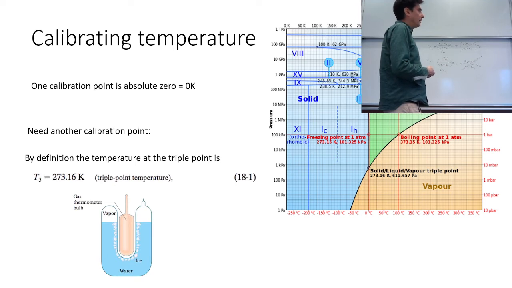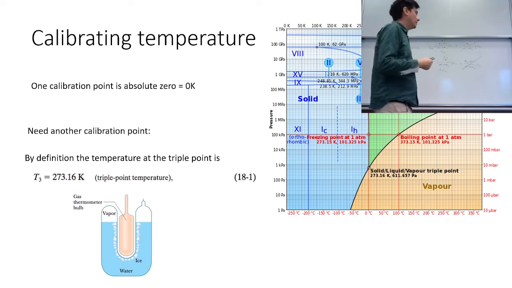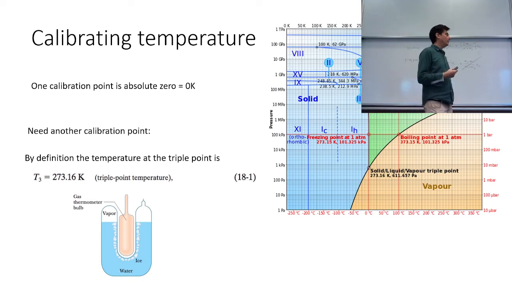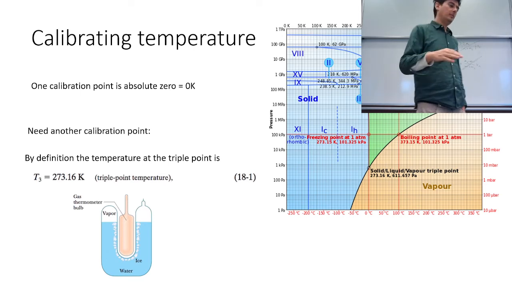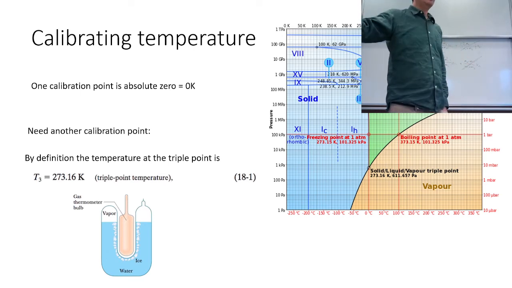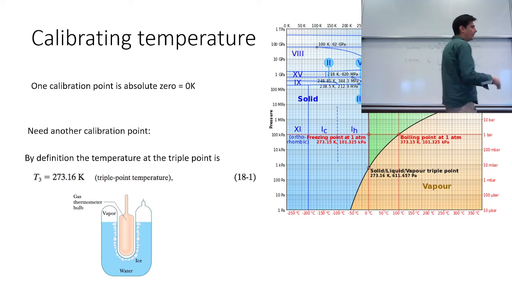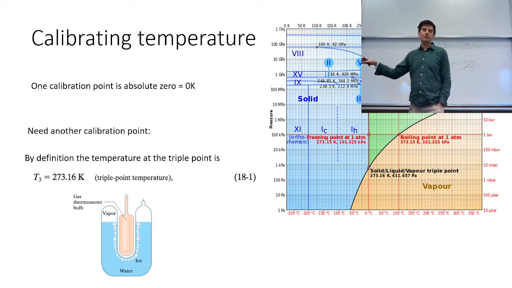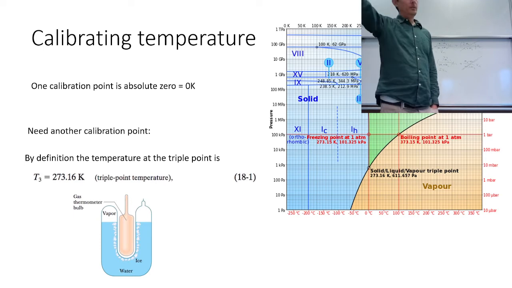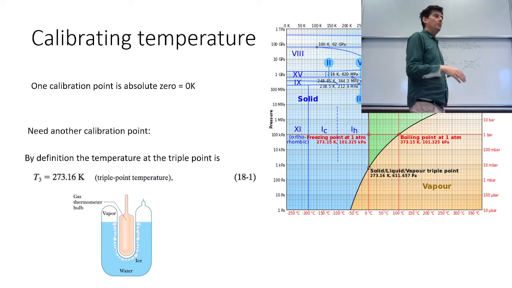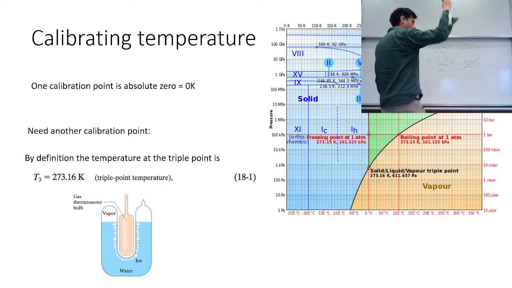and the reason why is because this actually gives a unique value of the temperature. If you defined your temperature scale so that, say, 100 degrees is when water boils, the problem with that is that people living at different altitudes, on a high mountain or something, would get different temperatures, because water boils at lower temperatures at a lower pressure, right?